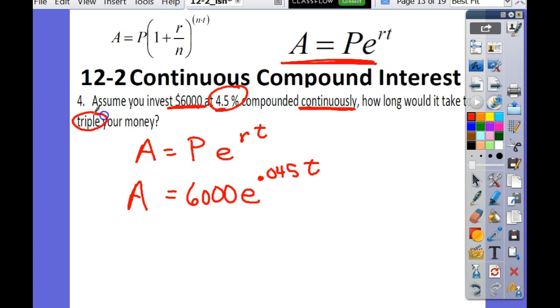But we have one more word here. What does it mean to triple the money? If I start with 6,000 and I triple it, how much am I going to have? To solve this, I isolate the base first by dividing by 6,000.